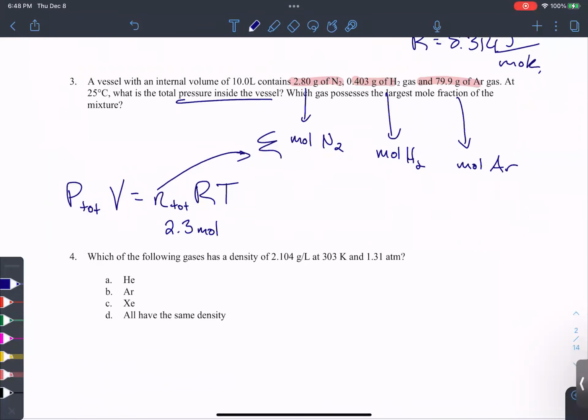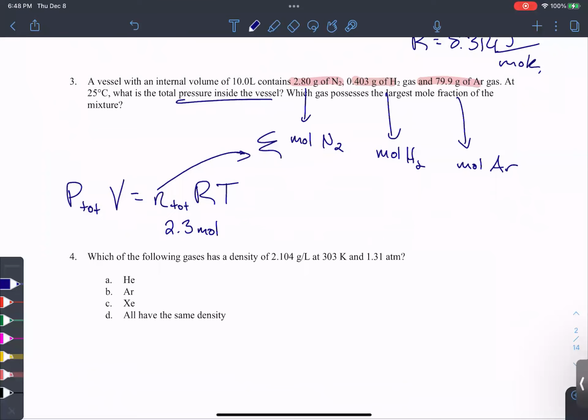What's really cool about the ideal gas law is that the identity of the gas doesn't matter. If I had 1 mole of hydrogen gas or 1 mole of neon, it's going to exert the same pressure if all the other conditions are the exact same. As long as the number of particles are the same, the identity does not matter in terms of PV = nRT.